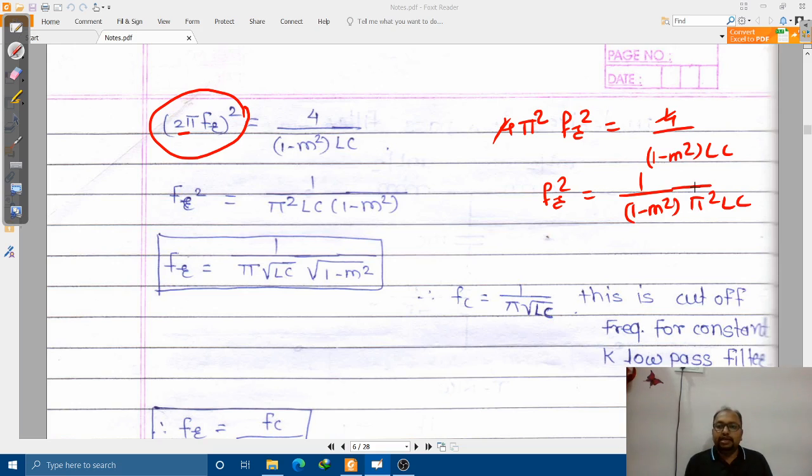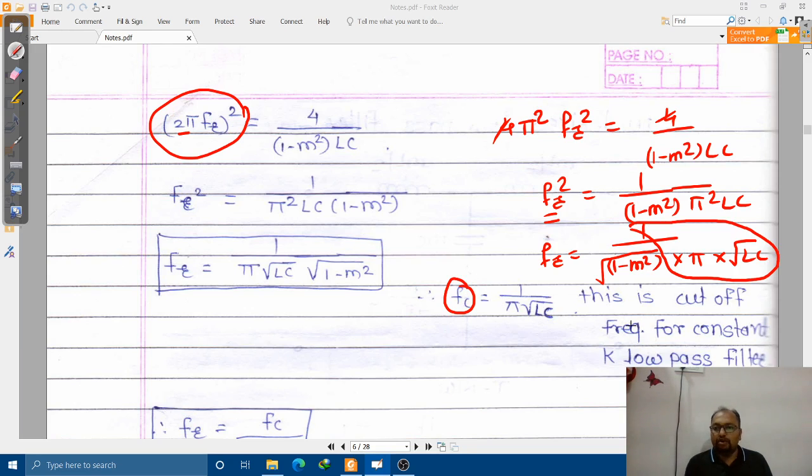Let us take the square root of this. So fr is nothing but 1 upon square root of (1 minus m square) into pi into root LC. What is this? 1 upon pi root LC is nothing but the cutoff frequency equation of the constant K low pass filter, right?